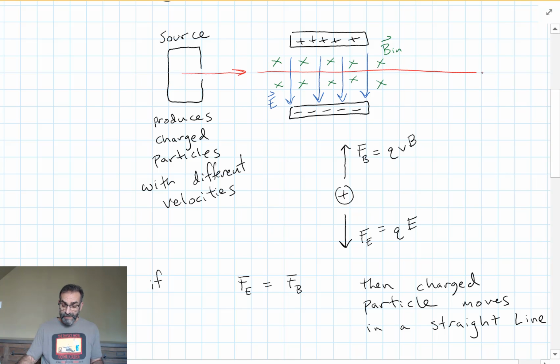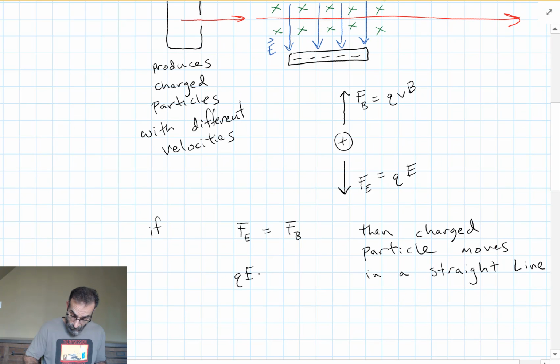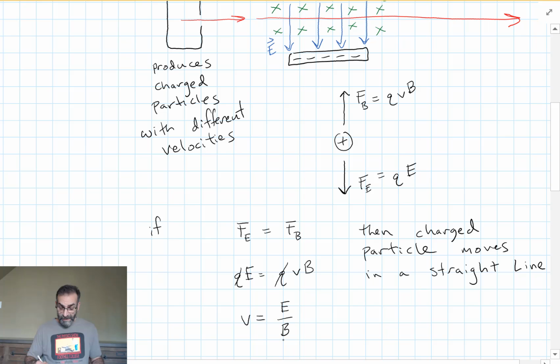That means the particle moves straight through, unaffected by those fields. So the velocity has to equal the electric field over the magnetic field strength. If the velocity is equal to that special value, it makes it through.